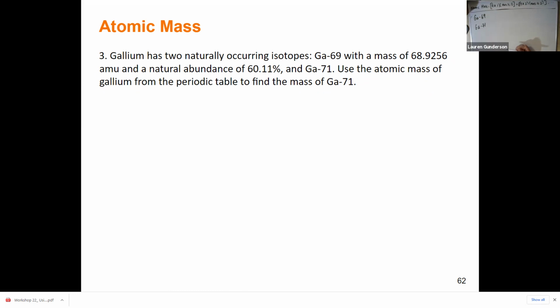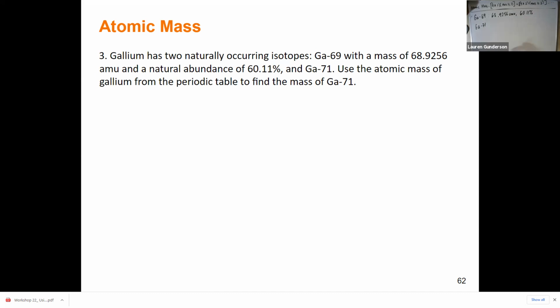And they're telling us that gallium 69 has a mass of 68.9256 AMU and a natural abundance of 60.11%.